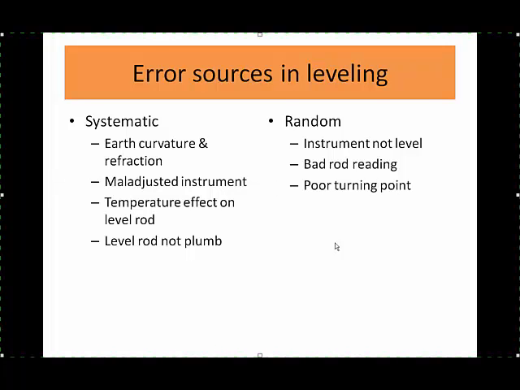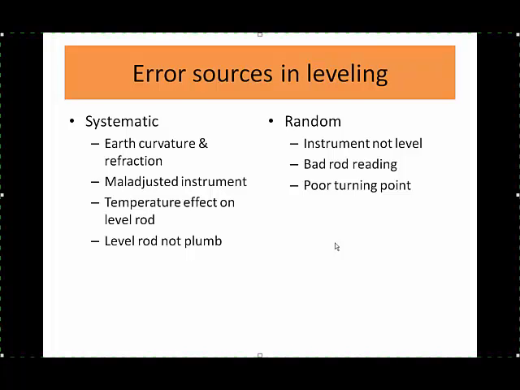A poor turning point. A turning point needs to be stable, sufficiently stable to maintain its position and its elevation long enough to take a foresight reading, to allow the instrument operator to move the instrument to a new location and level it, and long enough to take a new backsight in order to establish an HI at that new instrument location.